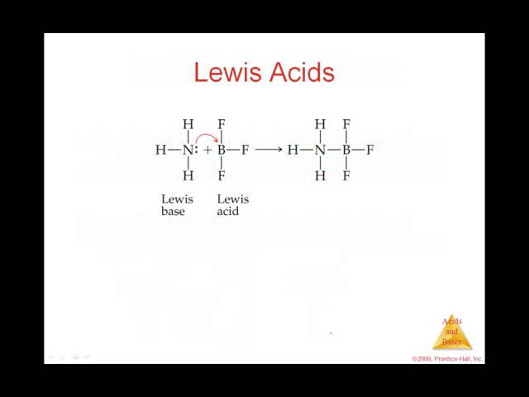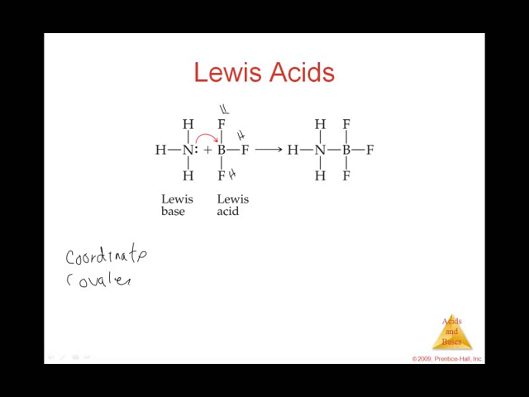Alright, so here we have the two. Actually, we have BF3, but in fact, BH3 and BF3 and BCl3 will all act the same, just like NH3 and NF3 and NCl3 will all act the same on the nitrogen side. What will happen with these is they will form what's known as a coordinate covalent bond.